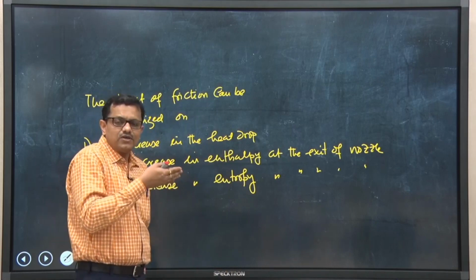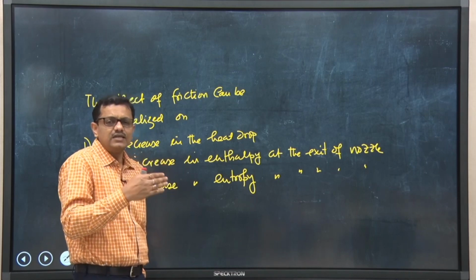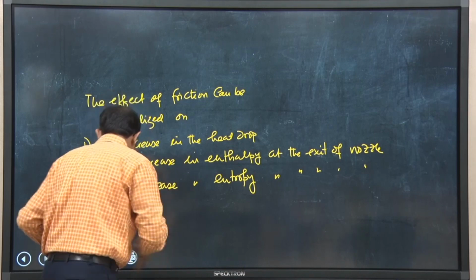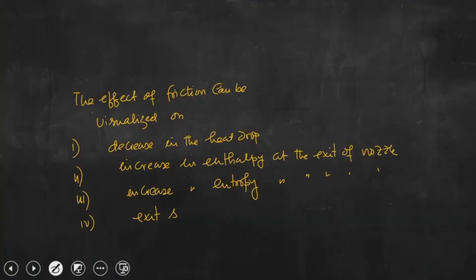So, now if we consider that the frictional effect is there, the heat due to the frictional effect will increase the temperature of steam at the exit of the nozzle. So, that means the exit steam temperature will increase.